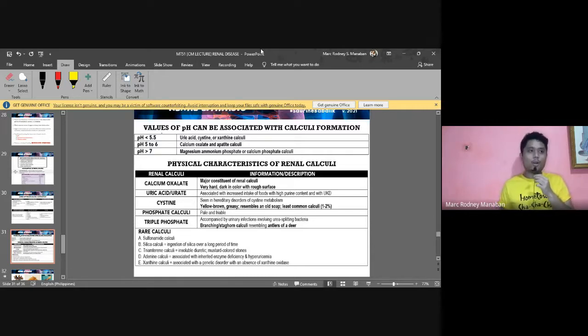So, it can form calculi. And of course, xanthine calculi. Xanthine. Alright? It can be associated with a genetic disorder that lacks the enzyme xanthine oxidase. Right? Xanthine oxidase is an enzyme included in purine metabolism. Okay? So, if it is absent, it can precipitate and form a calculi.